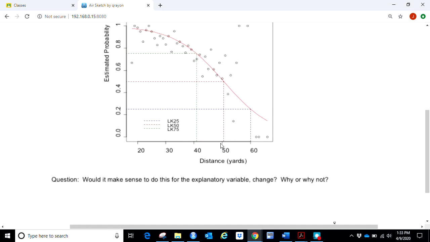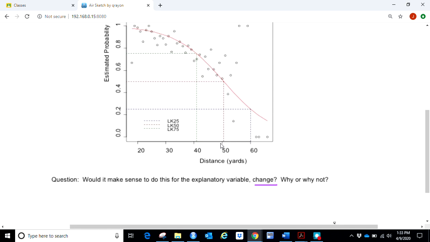The last question to answer in this video, would it make sense to do this for the explanatory variable change? Why or why not? So first, as a reminder about this change variable, change was a binary variable where it was equal to 1 if a lead change could happen and 0 if there was no lead change, even if the kick was successful.